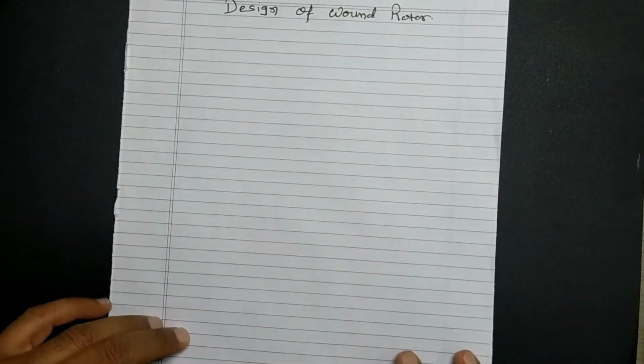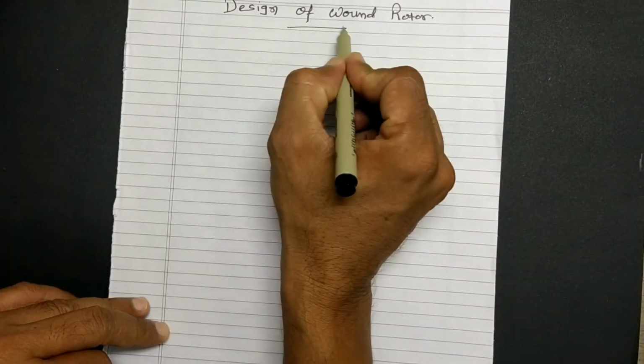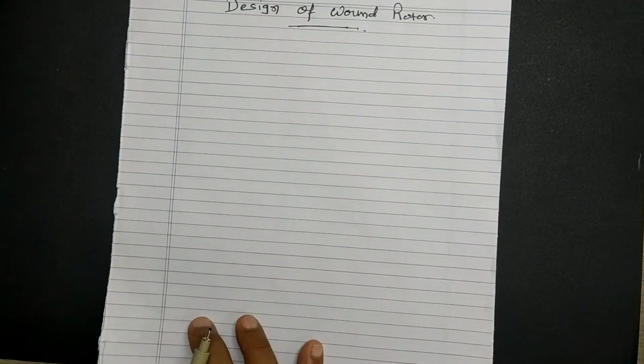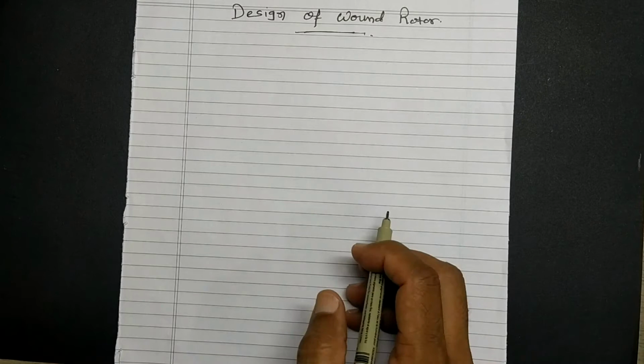In previous video lectures, we have already studied design of stator, design of main dimension, then design of squirrel cage rotor, and at last, in today's video lecture, we will study design of wound rotor. So it is slip ring type of rotor. Let us take one simple numerical and we'll do the designing work step by step.